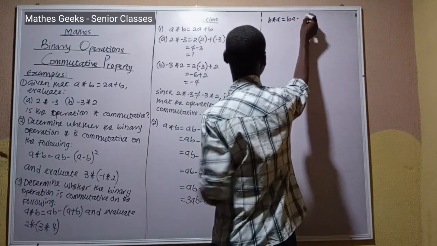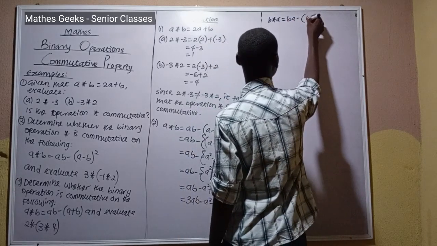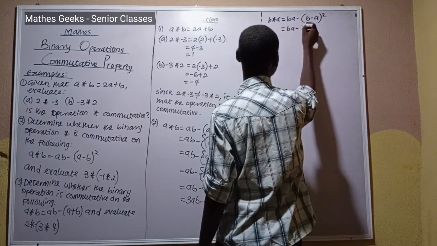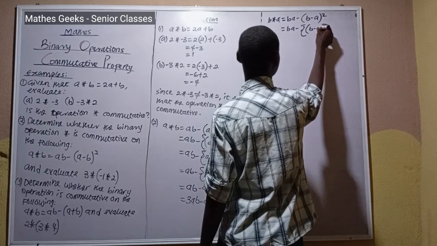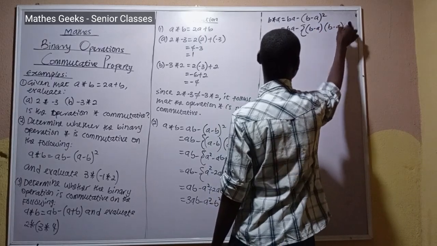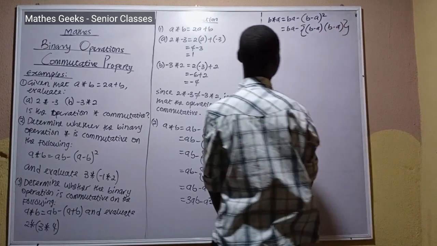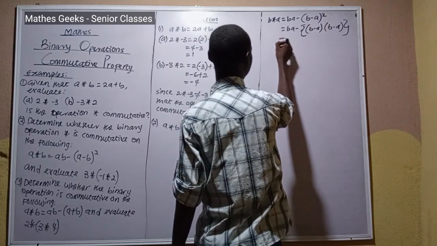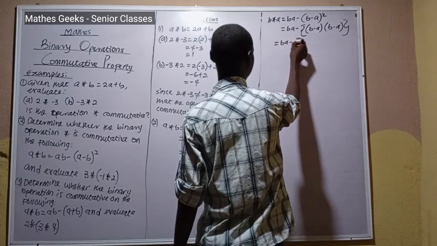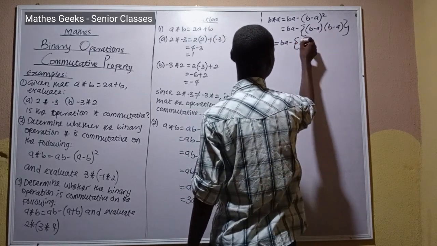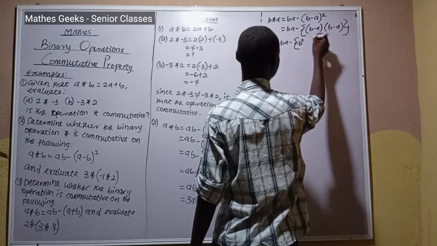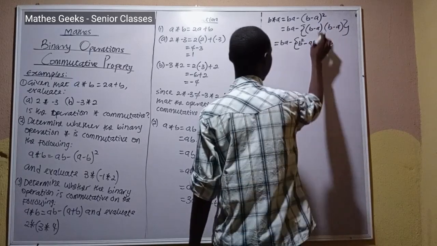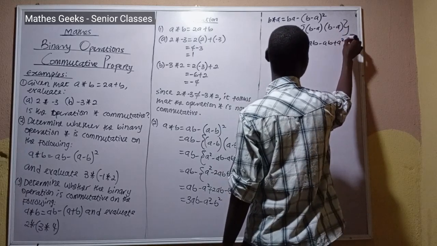B star A is BA minus B minus A squared. B minus A to the power 2 means this bracket multiplies itself 2 times. So when we expand, we have B times B is B squared, B times minus A is minus AB, minus A times B is minus AB, minus A times minus A is plus A squared.